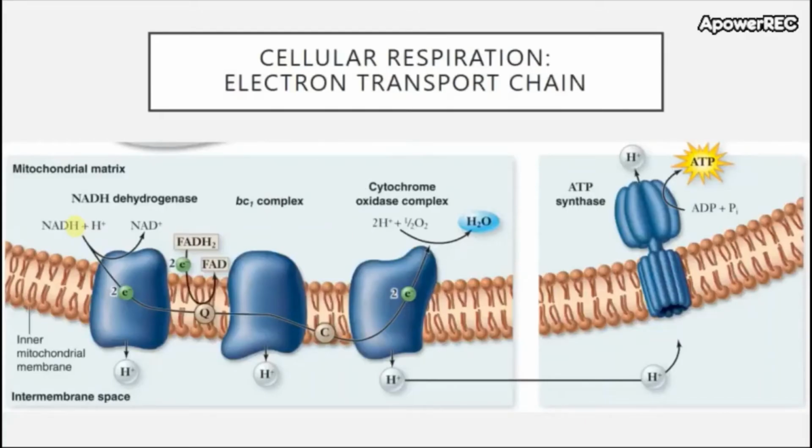So now, I want you to imagine what would happen if there was no oxygen waiting at the end. If we were to have our electron carriers in the beginning here, and they donated their electrons, we can see that those electrons travel through the chain and end up with oxygen in the end. What would happen if you didn't have enough oxygen present or no oxygen present?